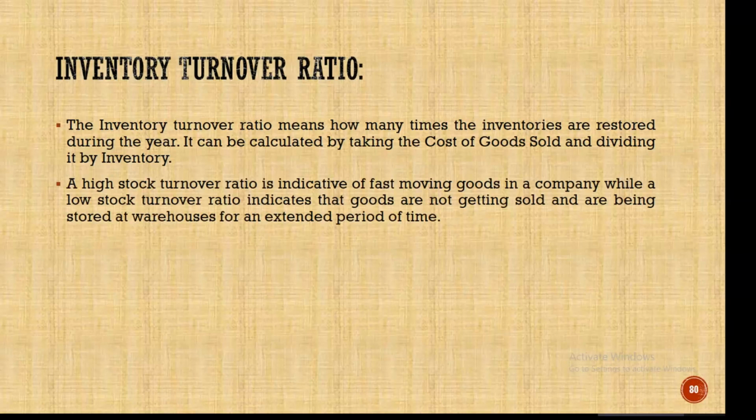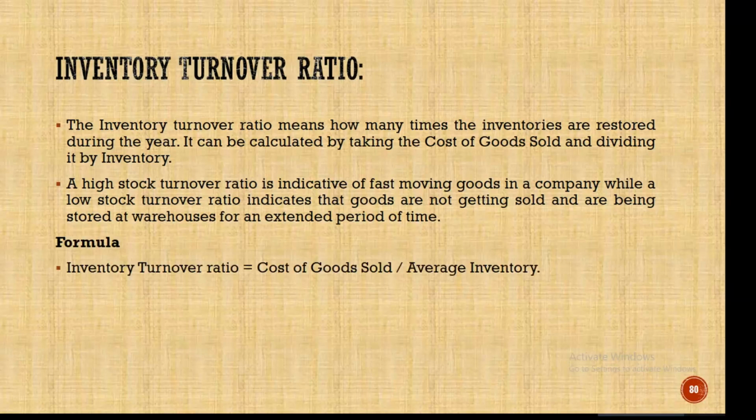A high stock turnover ratio is indicative of fast moving goods in a company, while a low stock turnover ratio indicates that goods are not getting sold and are being stored at warehouses for an extended period of time.